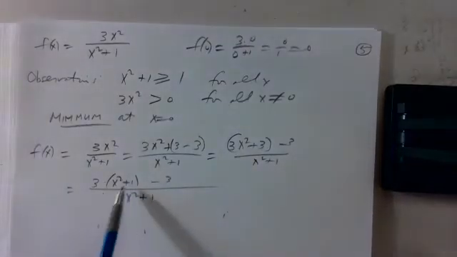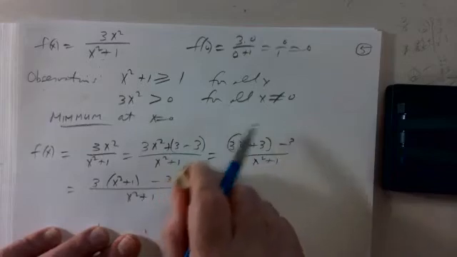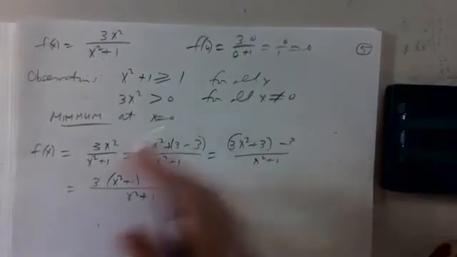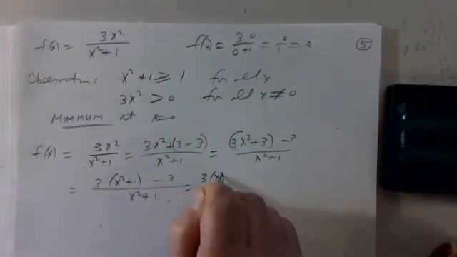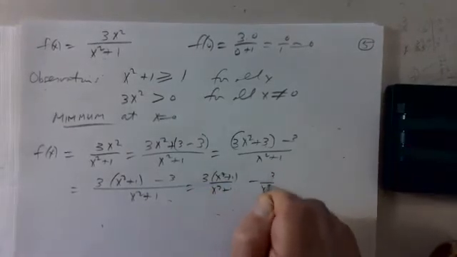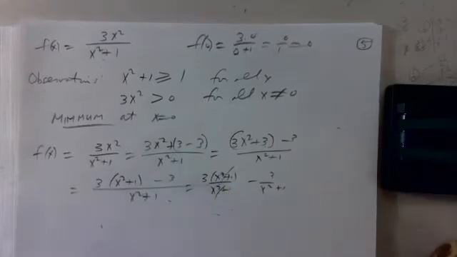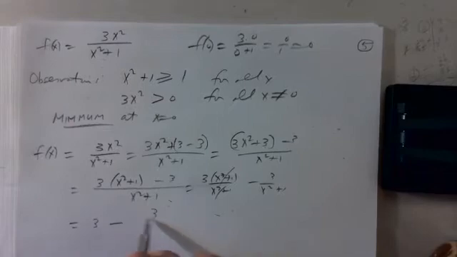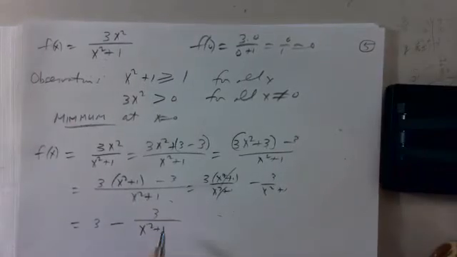If we write that as two fractions, this is 3 times x squared plus 1 over x squared plus 1 minus 3 over x squared plus 1. These cancel. So this function can also be written as 3 minus 3 over x squared plus 1.